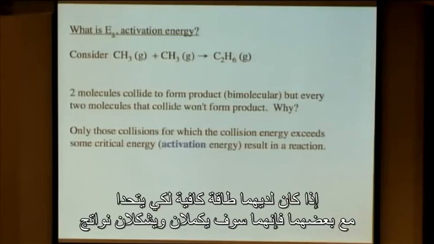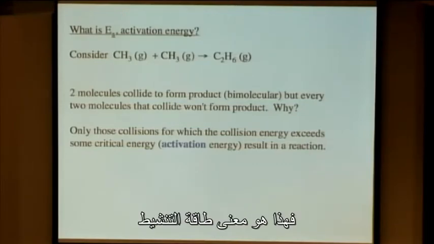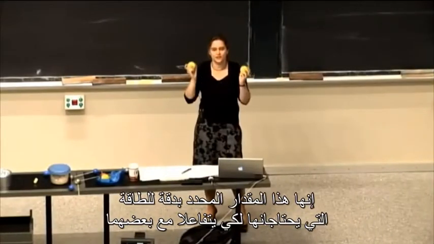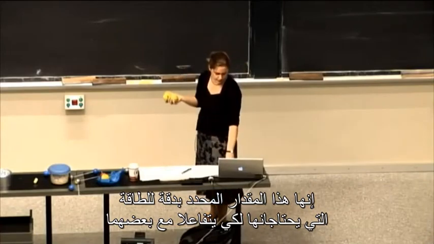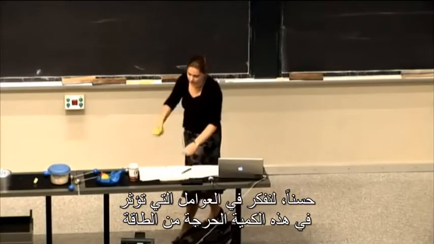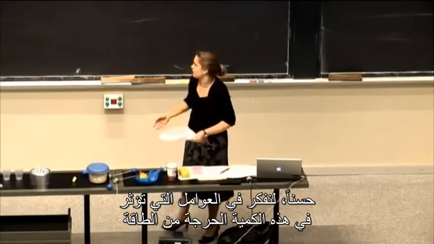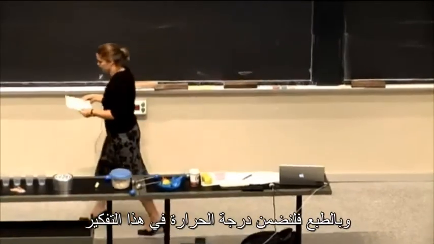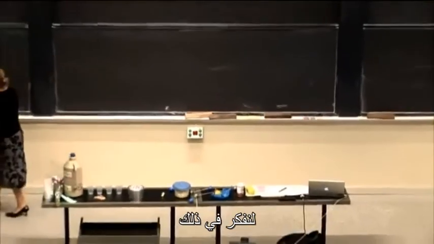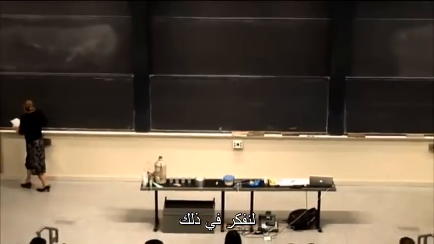If they have enough energy when they come together, they will go on and form products. So that's what activation energy is. It's this critical amount of energy that they need to react with each other. All right, so let's think about what affects that critical amount of energy. And of course, temperature is going to be involved. So let's think about that.